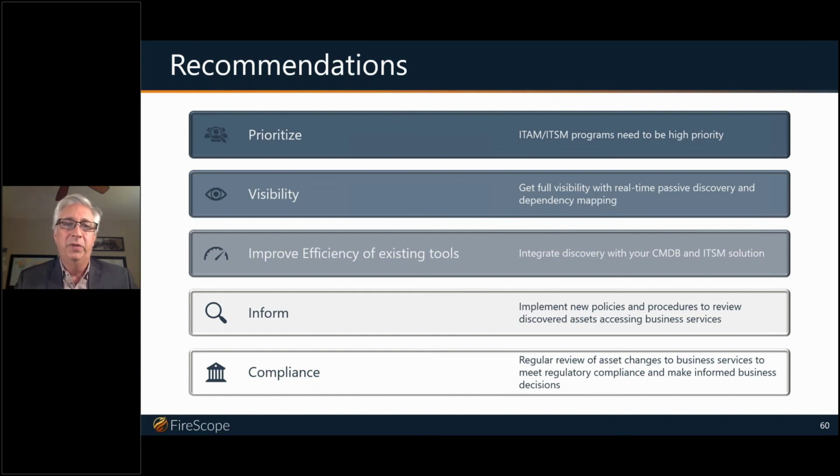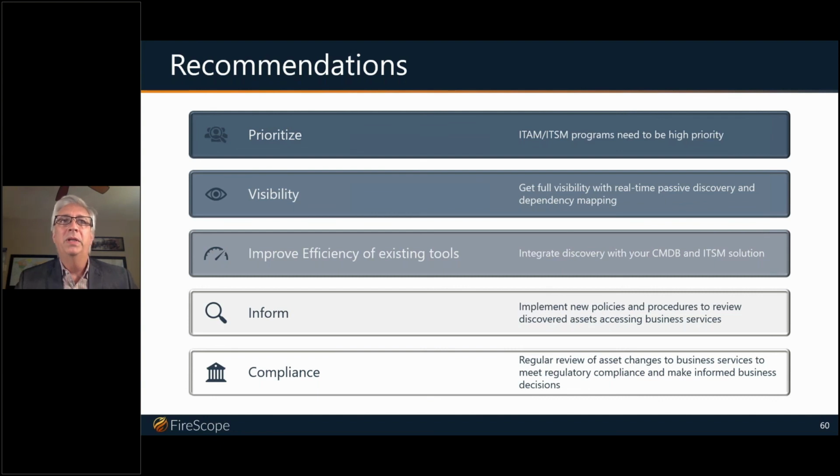You've got to get visibility, and the only way you can get real visibility is with real-time, persistent, and passive discovery, along with that dependency mapping at the 4 layers. That'll ensure you don't miss the critical assets required to either support or maintain a business service, or even during your digital transformation or cloud migration.